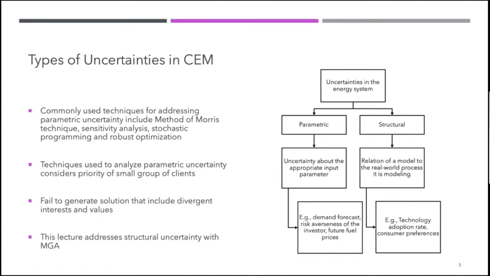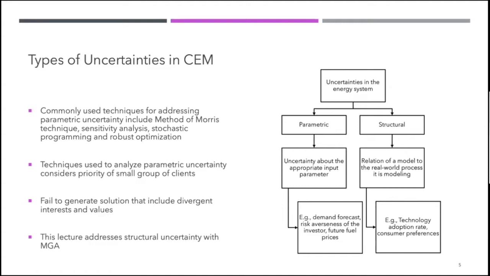Structural uncertainties arise from, again, the fact that we cannot exactly model the real world process. For example, if I don't like nuclear, right? So we do not exactly model my preference in our solution, in our power system models.